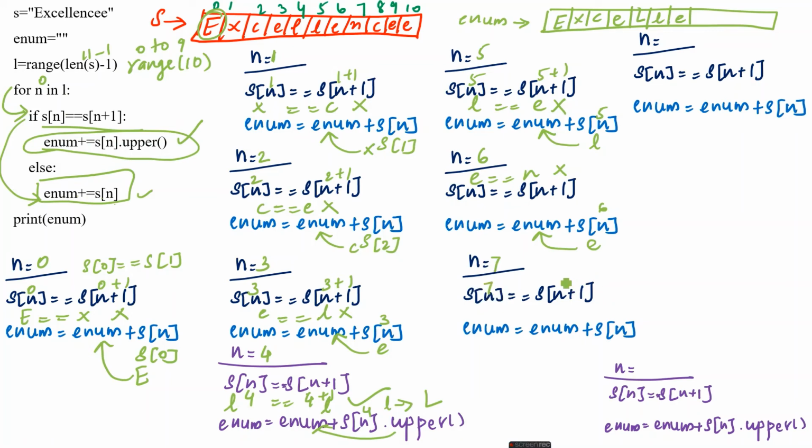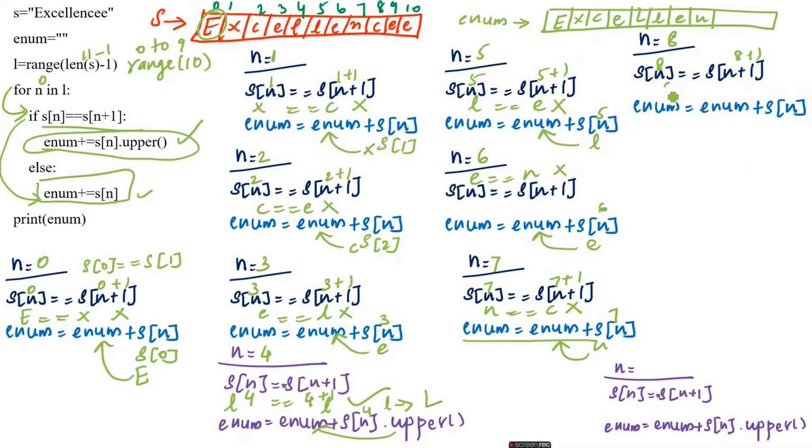Now the next value is 7 for n. So s of 7 is equal to s of 7 plus 1. S of 7 is n and s of 7 plus 1, s of 8 is c. Condition is false. So what we have to do, we have to execute this statement. S of n means s of 7, we have to concatenate n with enum. So in enum we are having the value n. Now the next value will be 8. Now s of 8 is equal to s of 8 plus 1.